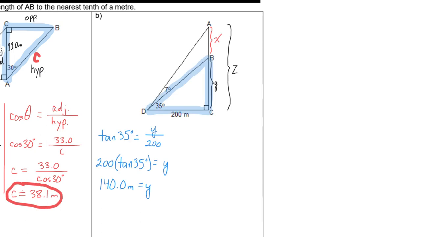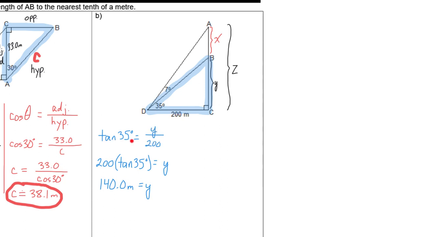Now this is how I'm finding side Y. If I look at the triangle that I've highlighted in blue, my reference angle is 35 degrees. The opposite side is Y. The adjacent side is 200. So opposite and adjacent need to be in my equation. That means I'm going to use the tangent ratio. So tan of the angle is equal to opposite over adjacent.